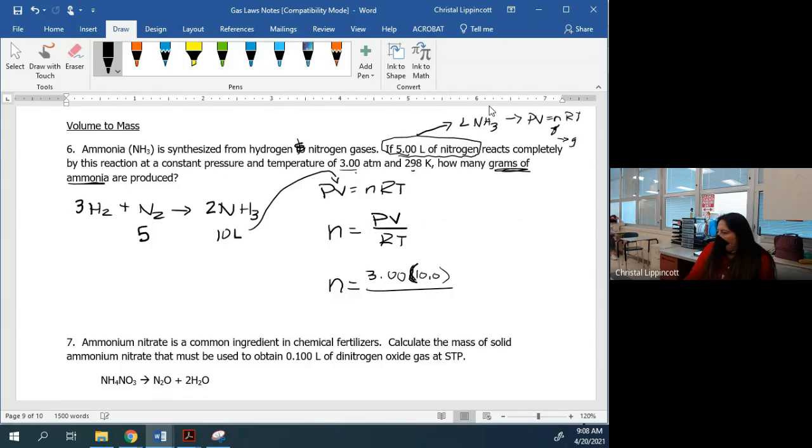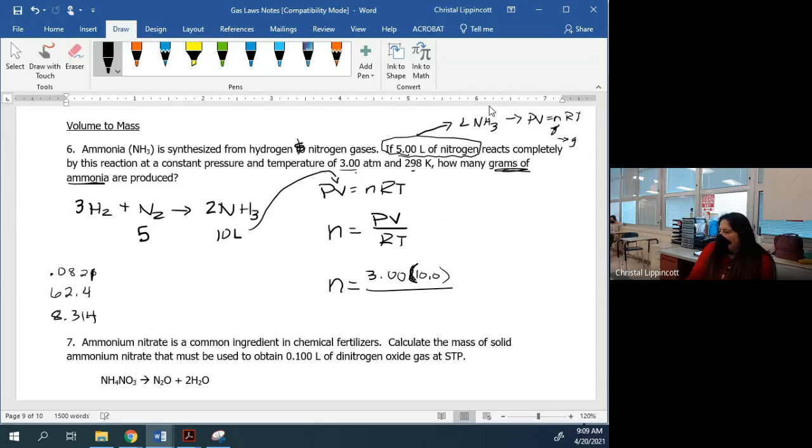My R value, which R value am I going to use? Remember I had 3 different R values. The 0.0821, the 62.4, and then the 8.314.